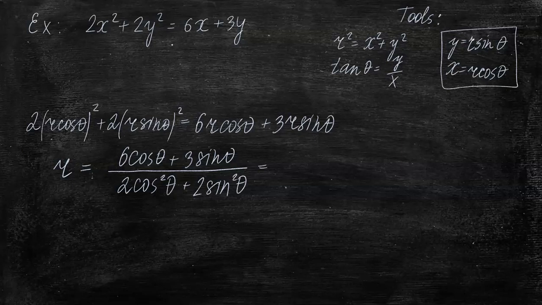But that's Pythagorean identity, so we can reduce it further and rewrite it as 3 cosine theta plus 3/2 sine theta, which is the final answer.